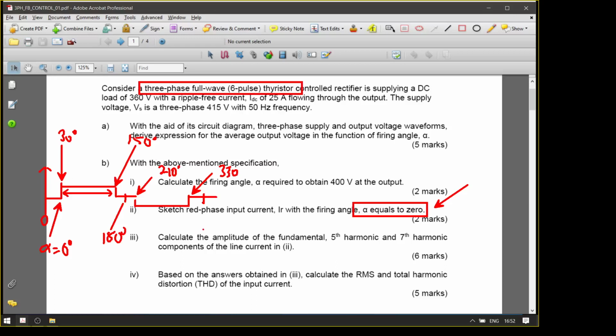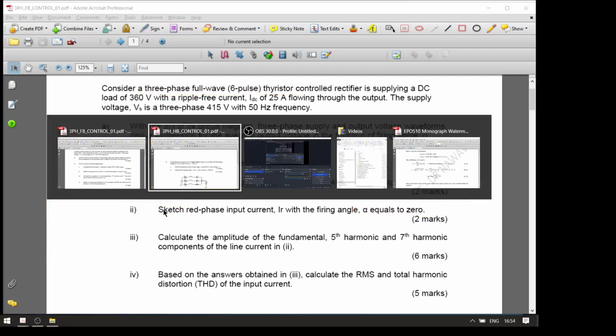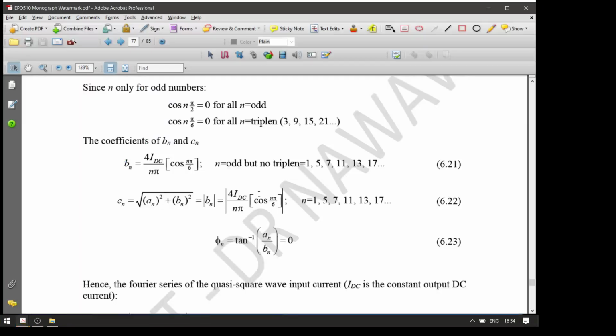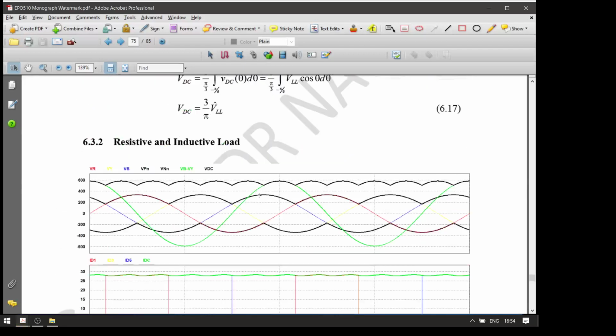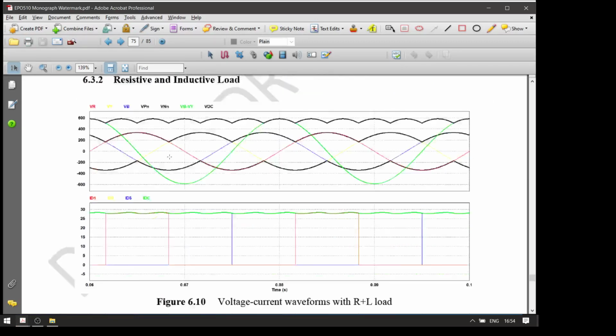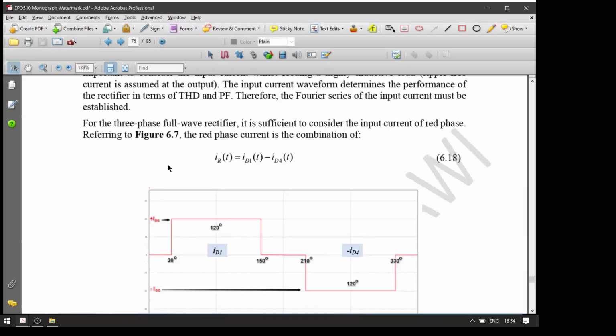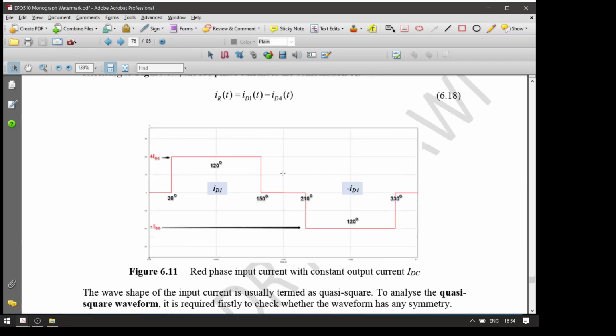In the notes, I can show you that monograph. This is the quasi square waveform, section 6.3.2 in the notes. Refer to that. We have a constant current, which is this quasi square waveform, and it's an odd and quarter wave, isn't it?